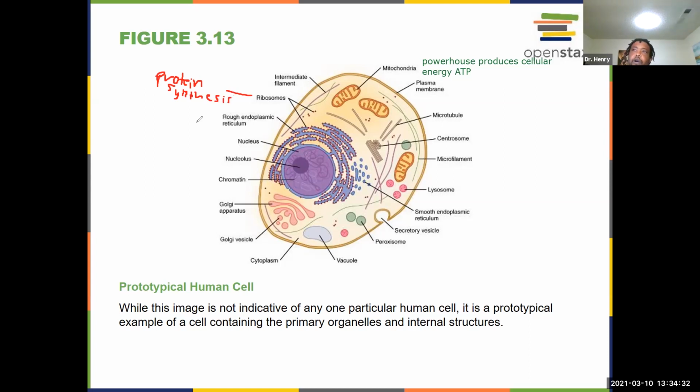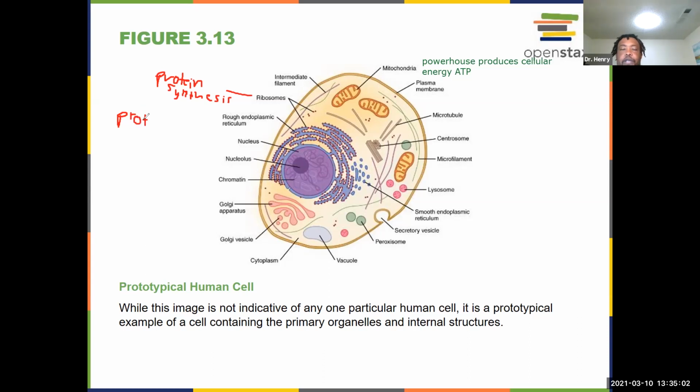The rough endoplasmic reticulum has a couple of jobs. One of the main things it's responsible for is also protein synthesis, but it produces membrane-associated, or membrane-bound, proteins.